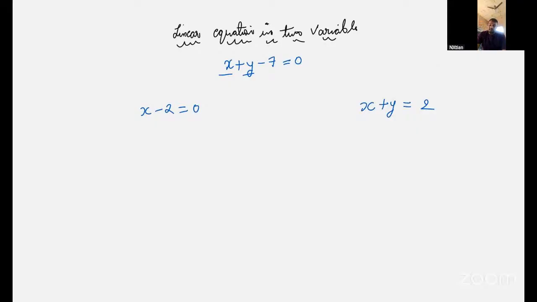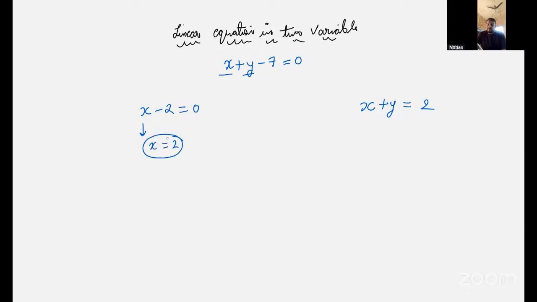Now, if I ask this question from David. David, what will I put in place of x to get the answer as 0? What is the value of x you will put in this equation so that you can get the answer as 0? x is equal to 2.